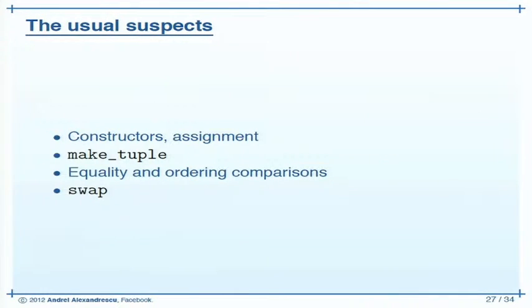So the usual suspects are there. You have a bunch of constructors, assignments, move constructors, move assignments, all of these good things. There's a function make_tuple that uses argument deduction, so you don't need to write tuple of blah, blah, blah. You just say make_tuple and pass the arguments. It infers the types for you. There's comparison, swap, and again, the usual suspects.